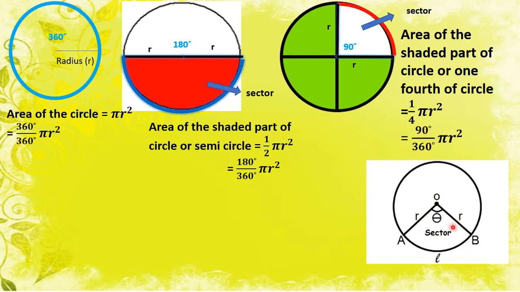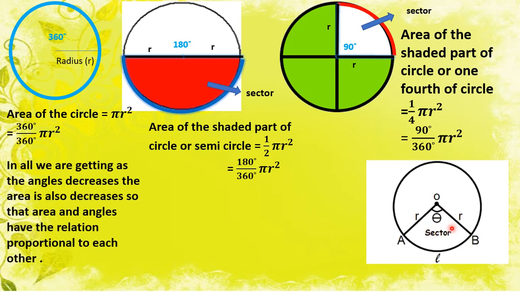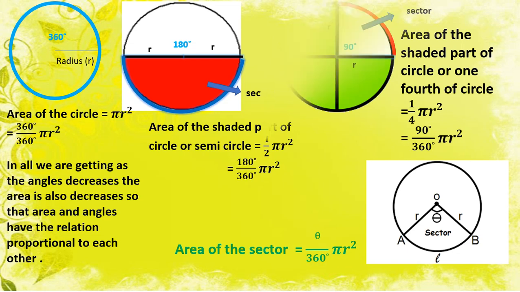Similarly, these 90 degree and 180 degree are the angles subtended by the arc. Here this arc AB subtends angle theta, so we are talking about the angle theta out of 360 degree. So the formula will be: area of sector is theta upon 360 degree into pi r square. This is the formula for the area of a sector.